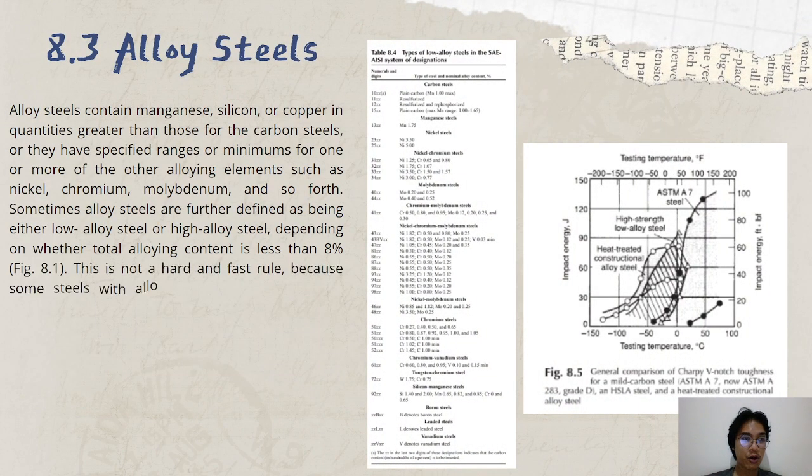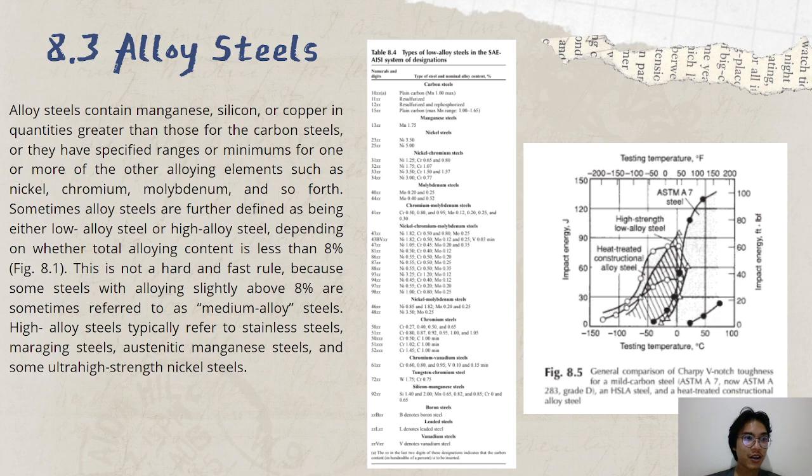8.3 is alloy steels. Alloy steels contain manganese, silicon, or copper in quantities greater than those for the carbon steels, or they have a specific range or minimum for one or more of the other alloying elements such as nickel, chromium, molybdenum, and so forth. Sometimes alloy steels are further defined as being either low alloy steel or high alloy steel, depending on whether the total alloying content is less than 8%.